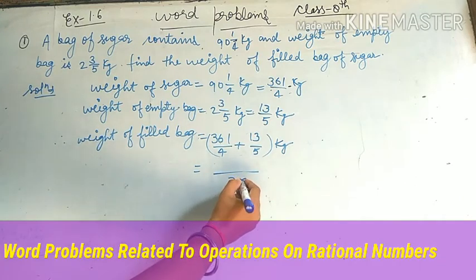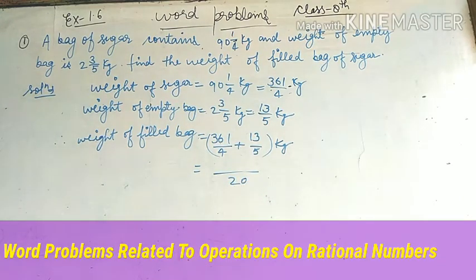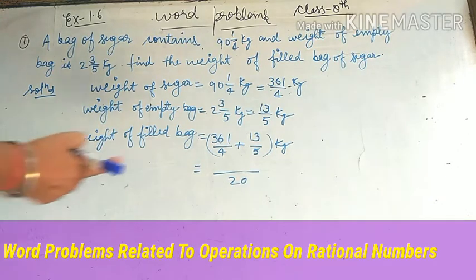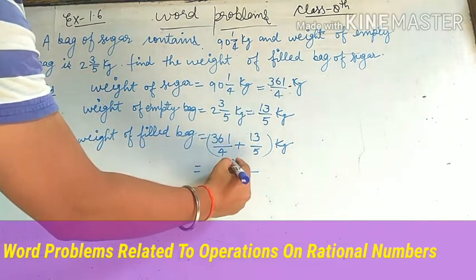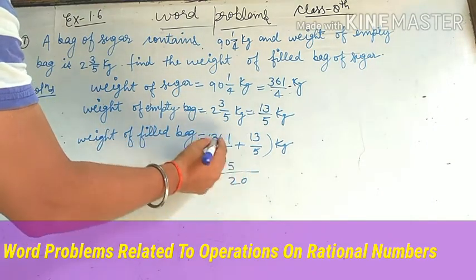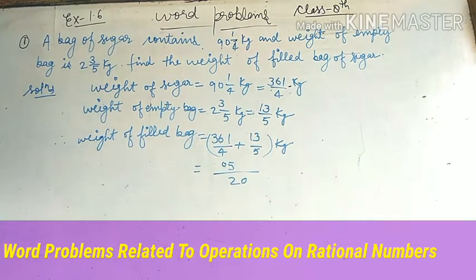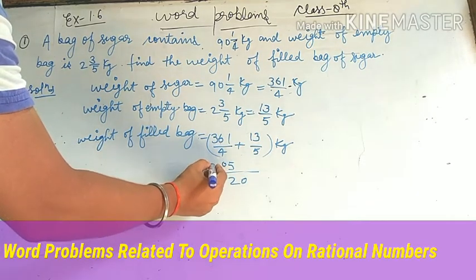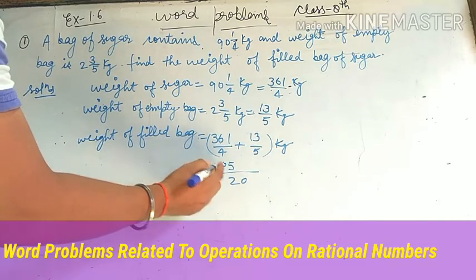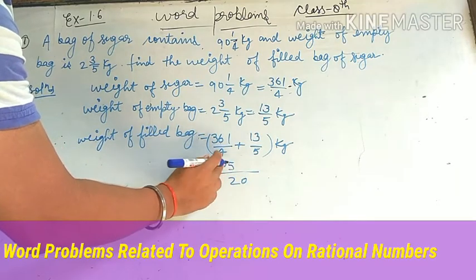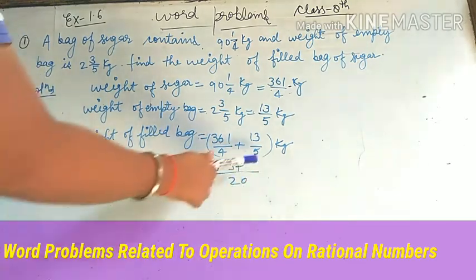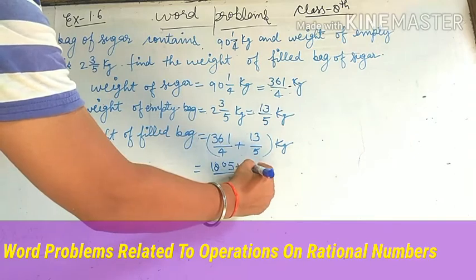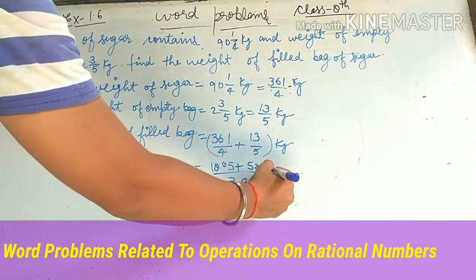The LCM of 5 and 4 will come 40. Okay, so now 4 fives are 20. So we will multiply 5 with 361. 5 ones are 5, 5 sixes are 30, 0 carry 3, 5 threes are 15 and 3 is 18, plus 5 fours are 20 and 13 fours are 52.